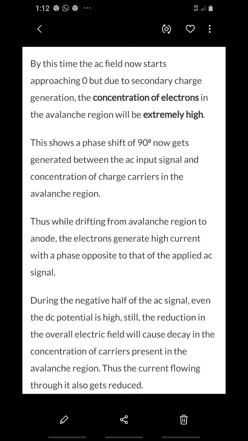This shows that a phase shift of 90 degrees now gets generated between the AC input signal and the concentration of charge carriers in the avalanche region. Therefore, with drifting from the avalanche region to the anode, the electrons generate high current with a phase opposite to that of the applied AC signal.